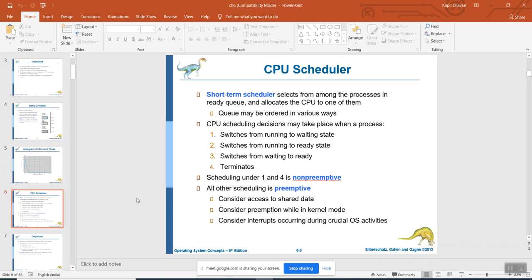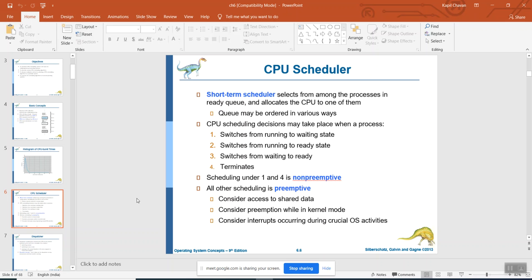We are going to move to the next slide, that is the CPU scheduler. We know about CPU schedulers. There are two types: the first is the short term scheduler and the second is the long term scheduler. The short term scheduler selects from among the processes in the ready queue and allocates the CPU to one of them.